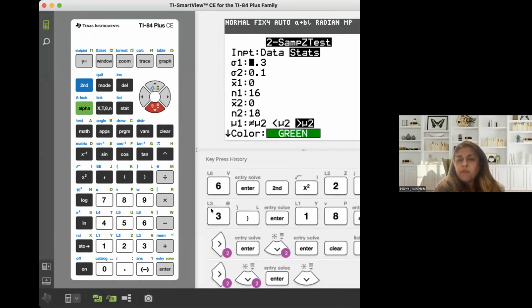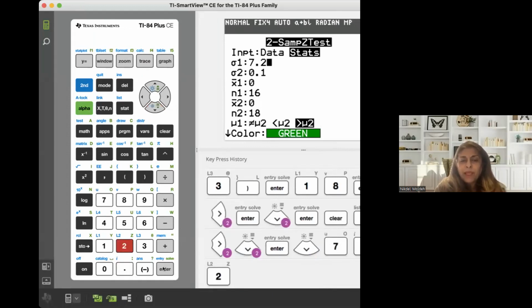Okay, sigma 1, 7.2, the standard deviation of the Miami group. Sigma 2, the standard deviation of Baltimore, 9.1.